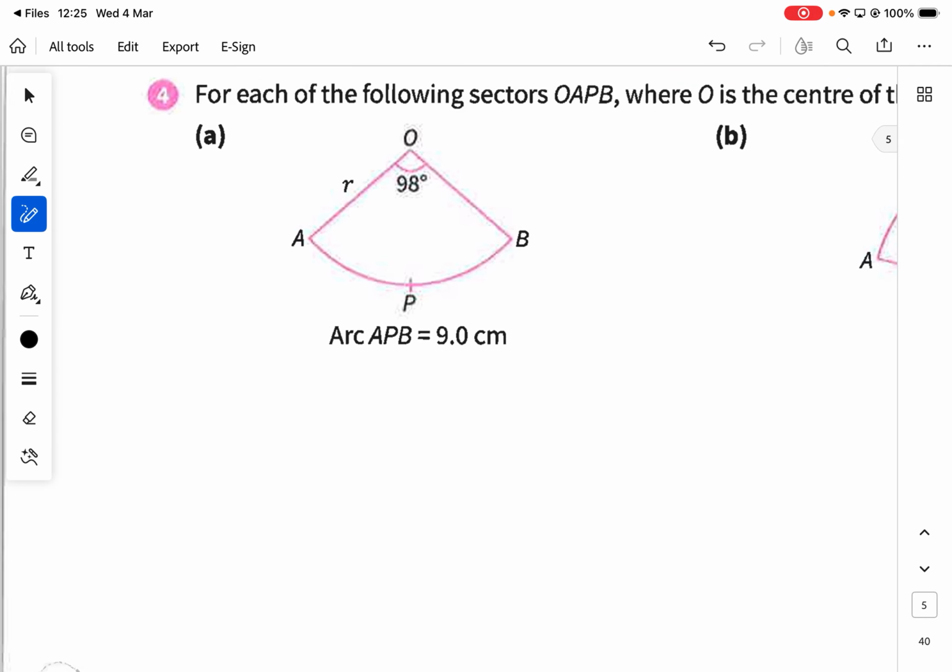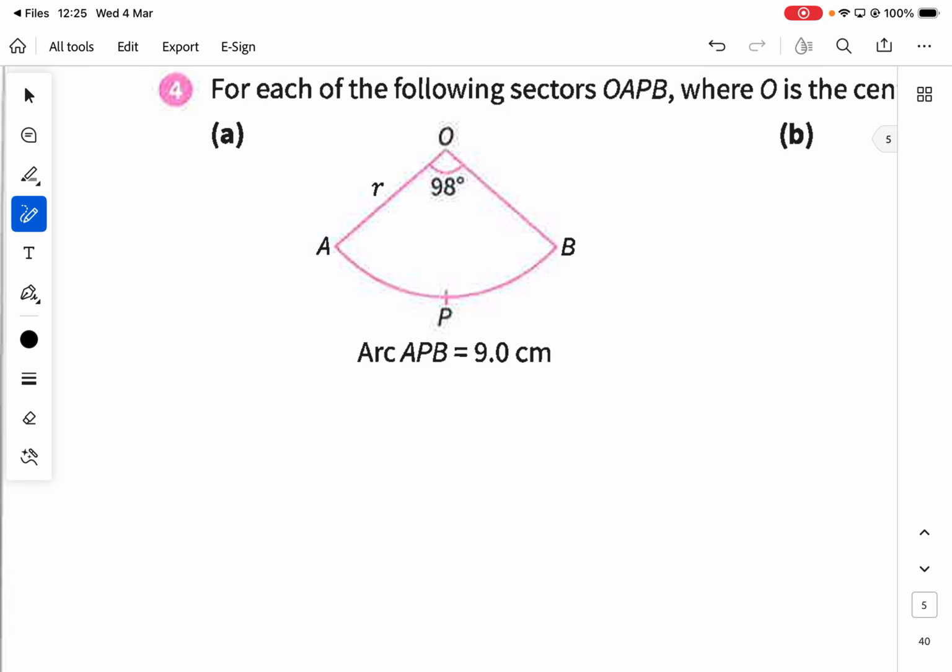So it's same like question 3. Also from the same equation, just that now I make R the subject instead of make angle the subject. So if I want, same, 98 over 360 times 2 pi first, I will get a number. Follow?